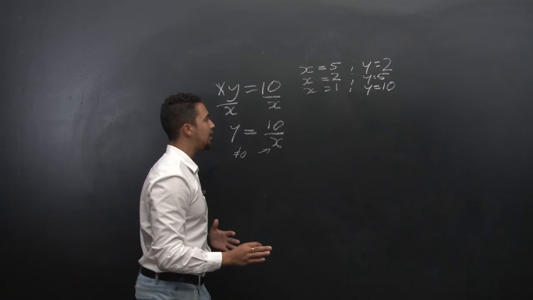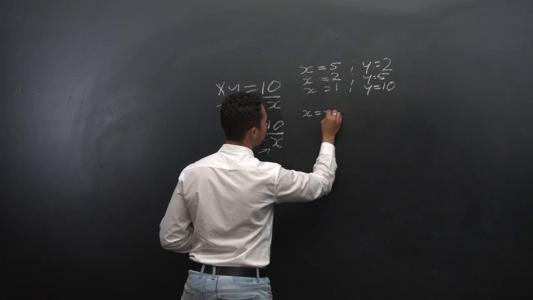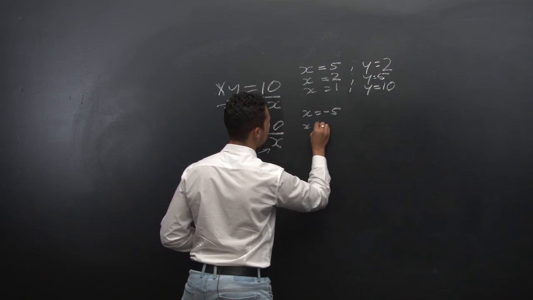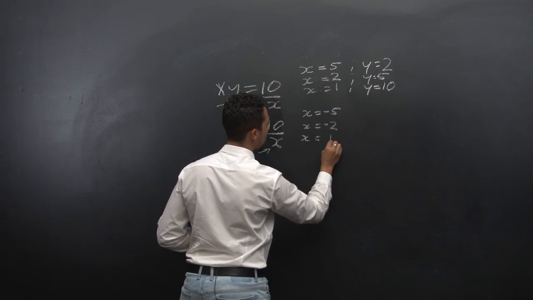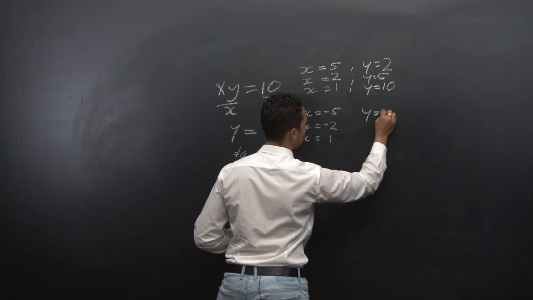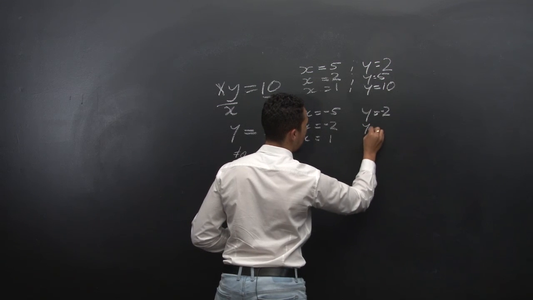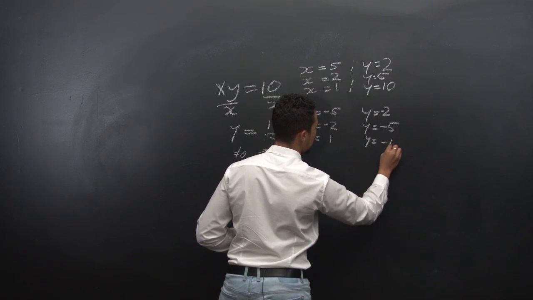So let's take a look at the negative values. If x were -5, -2, or -1, we'd have the same values, just negatives. Y equals -2, y equals -5, and y equals -10.